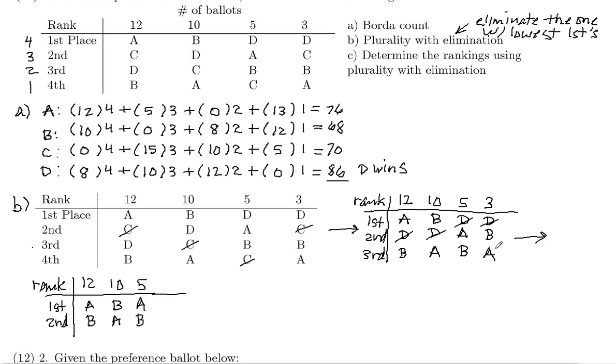And then these 3 ballots will turn into a BA. Okay, and then we want to combine. So these ballots are the same and these ballots are the same. So I'll go ahead and redo the table one last time.